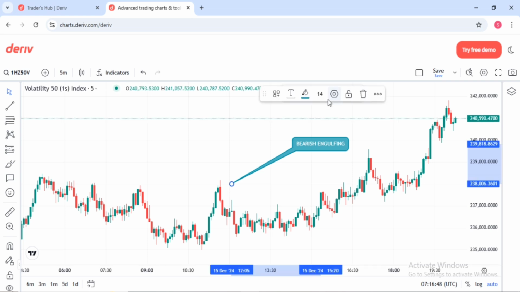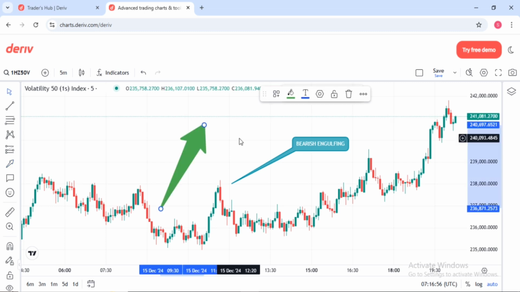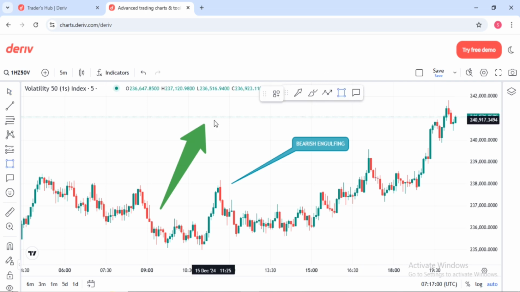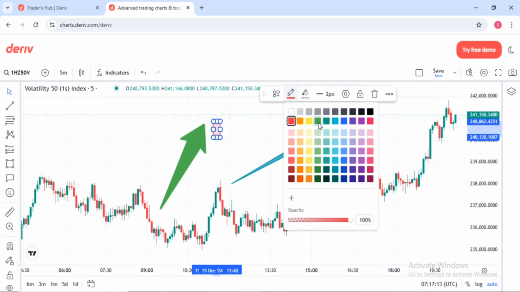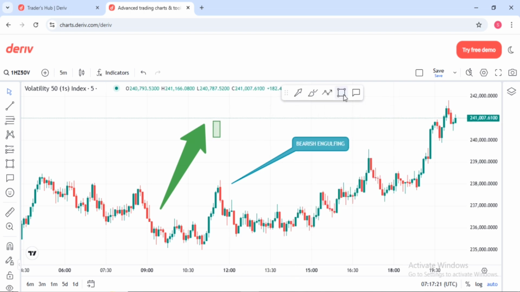It is formed after an uptrend. So let's say there is an uptrend, and then after an uptrend, a green candlestick is formed. Then it is followed by a red one.